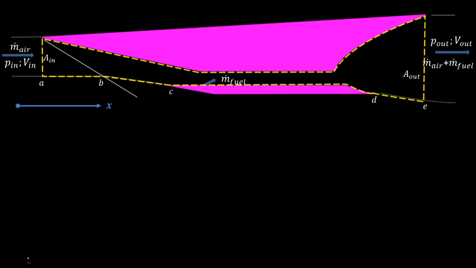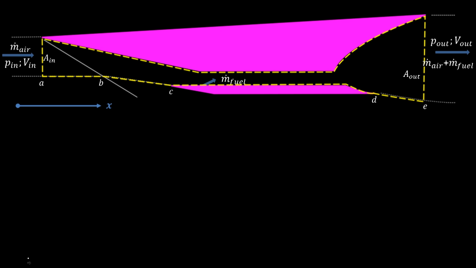Now all the forces that are applied to the scramjet vehicle will have both components in the streamwise direction, so parallel with the flight velocity, but also normal to that. Now here we're most interested in forces parallel with the flight direction, in particular the thrust of our scramjet, and so we'll align the x-axis with the flight direction.